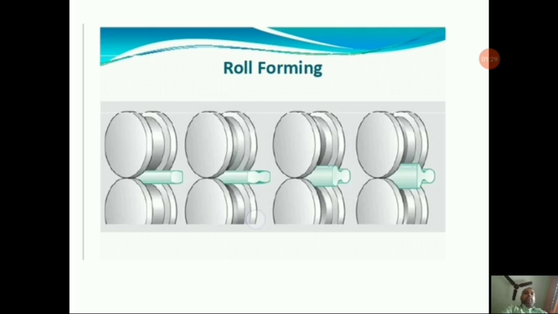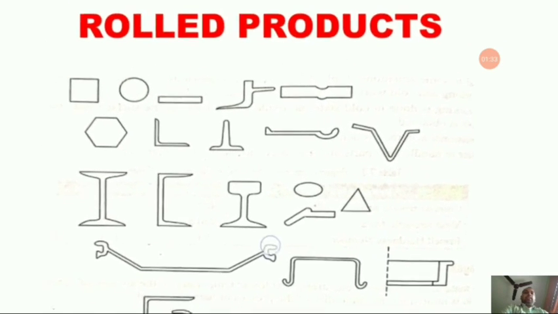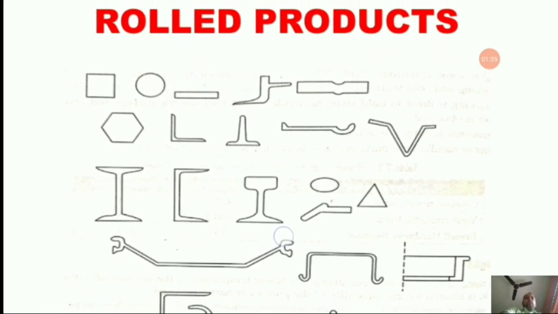Okay, so I can show you a picture. So these are the pictures. These are the products, generally rolled products, that you can make out of rolling process. So you can see over here I section, okay, then T section, L section you can see over here. This is the T section, and channel sections are possible, you can see over here, but not very complex shapes.